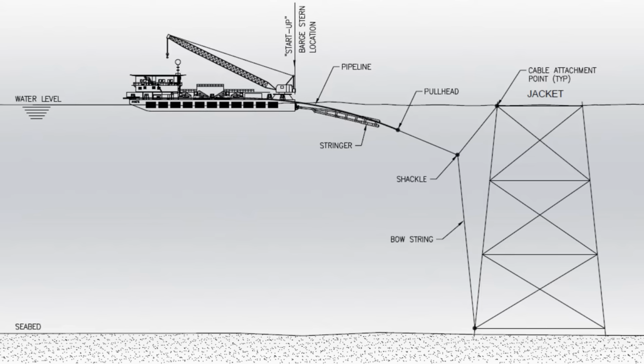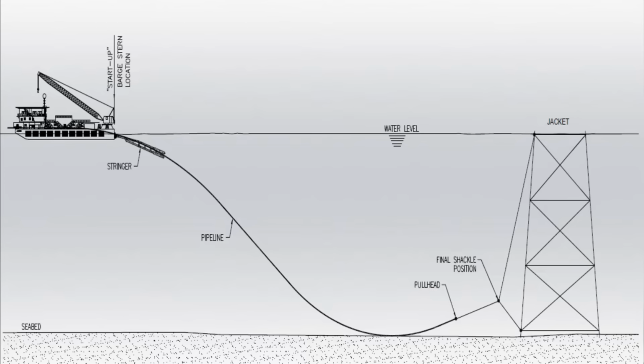The pipeline pulling head cable is attached to this bowstring with a shackle that can move up and down the bowstring cable. As the pipelay progresses, the rolling shackle rolls down the bowstring. This method is better in the sense that excessive pipeline sagging is avoided. Touchdown of the pipeline is achieved earlier and vibrations in the platform are minimized.